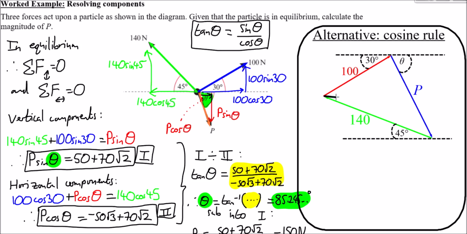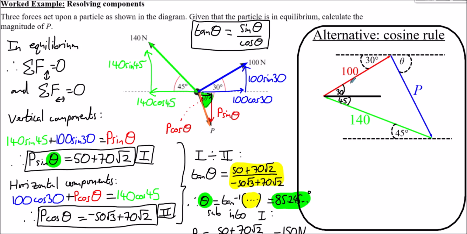I can use some Z angles here. If that's 45, this angle here will be 45. Likewise, this 100 Newton force here was going up 30 degrees, so I can call this 30 degrees here too.